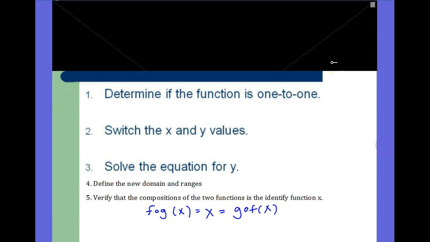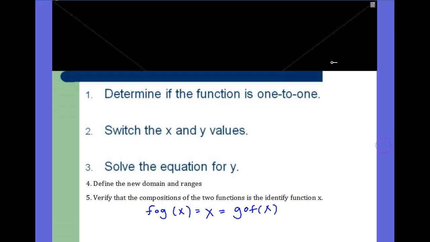In order to find an inverse, we switch the x and y values, and then we solve for y. This is the little part that I don't think we focused so much on last year: making sure we define the new domain and range and verify that function composition is the identity.